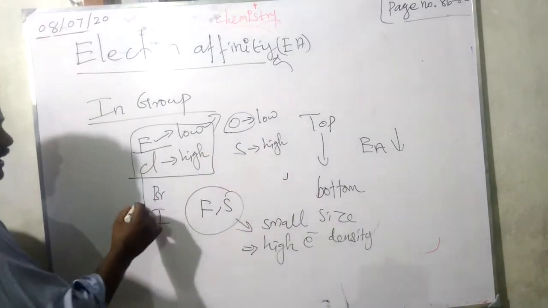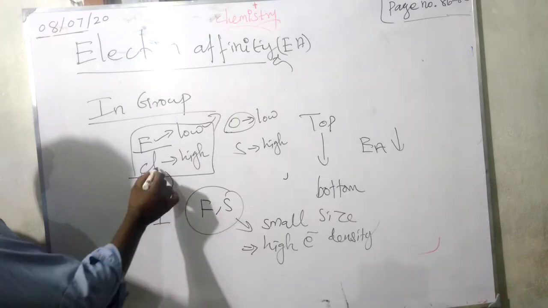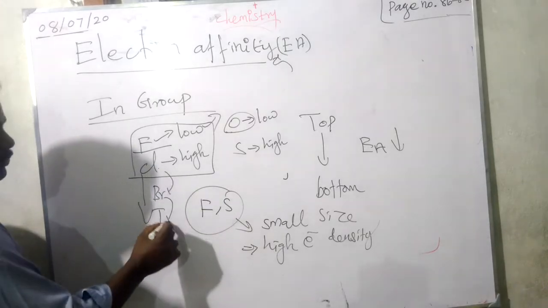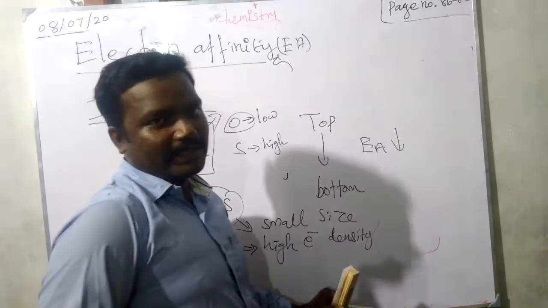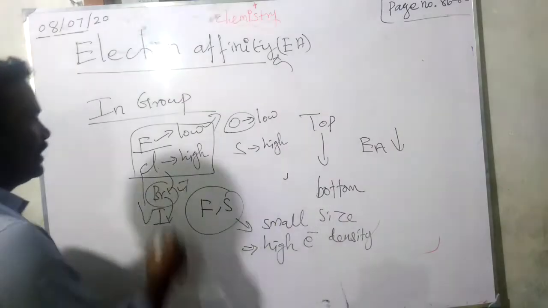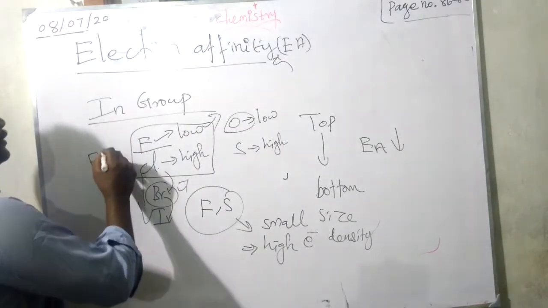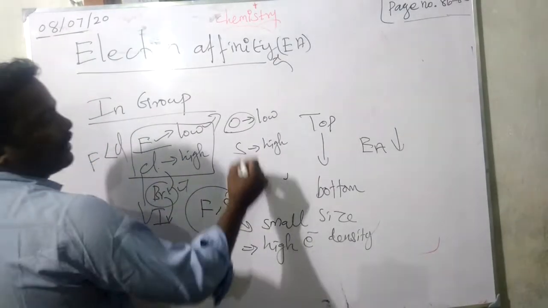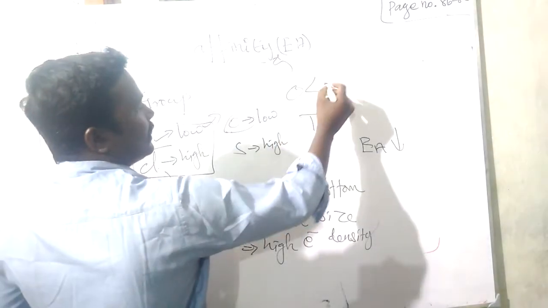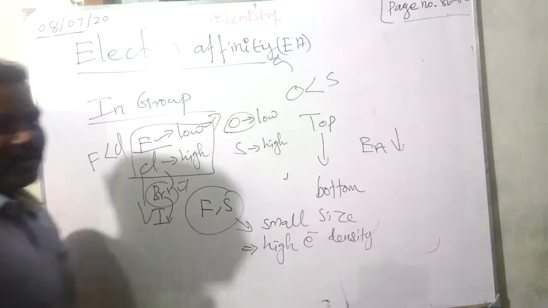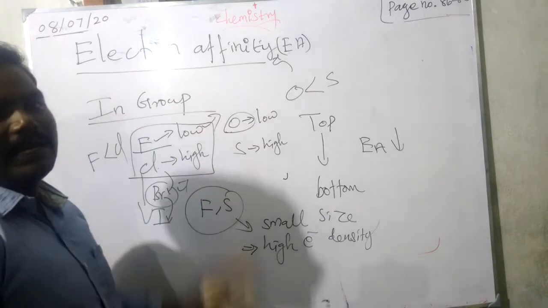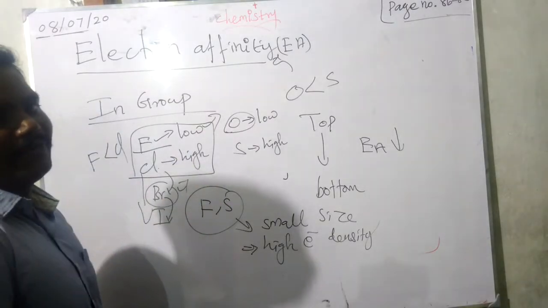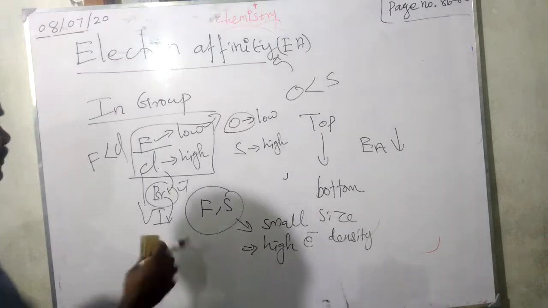If you compare the remaining as usual, compared to bromine, chlorine has high, compared to iodine, bromine has high. So from top to bottom, it decreases normally. Two exceptions: fluorine and chlorine, chlorine has high; oxygen and sulfur, oxygen has less, sulfur has high electron affinity. Due to this reason, two exceptions are there. Remaining, top to bottom, electron affinity will decrease.